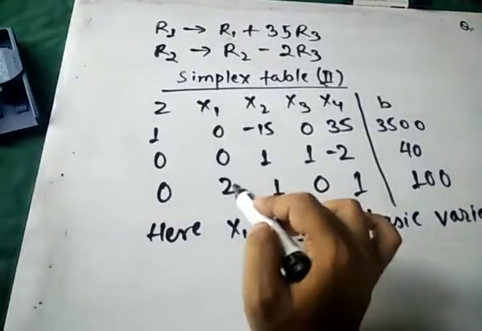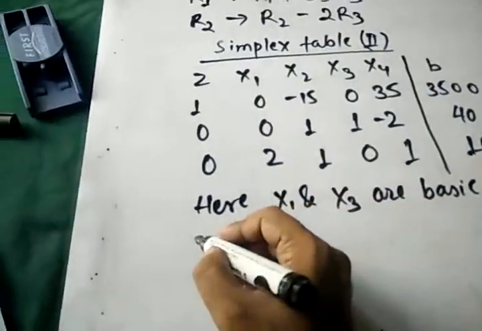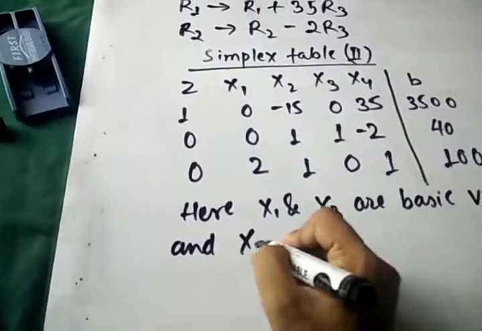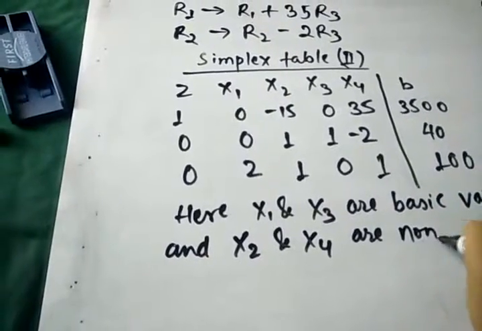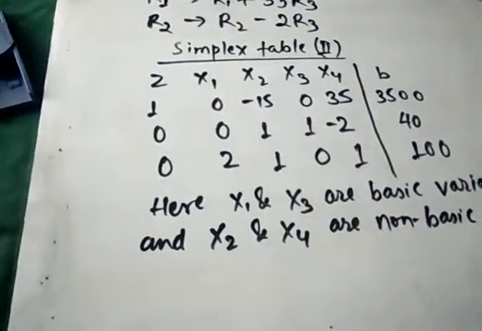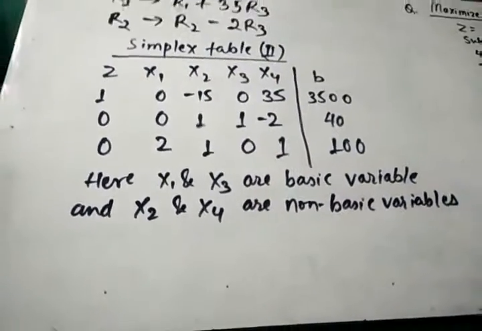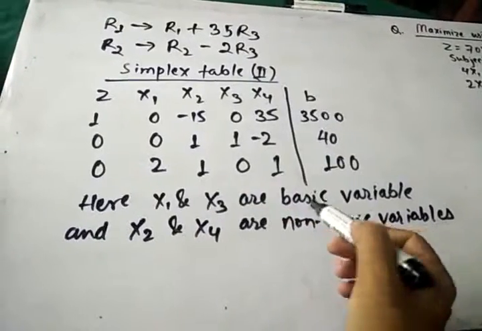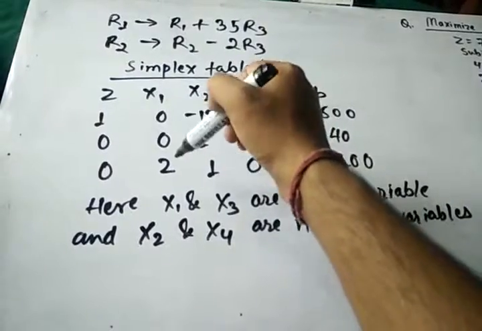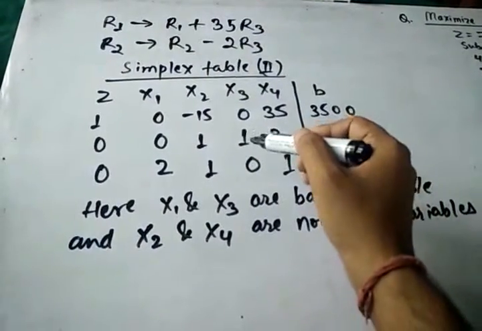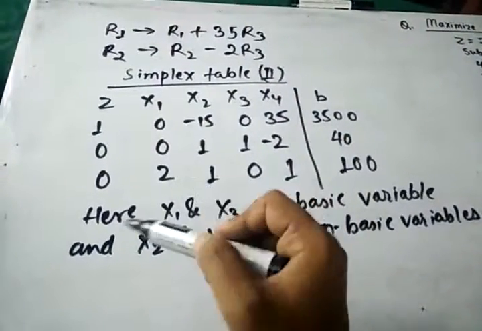If only one element is not 0, then those are basic variables. x2 and x4 are non-basic. x1 and x3 are basic variables because there is only one element and the others are 0.